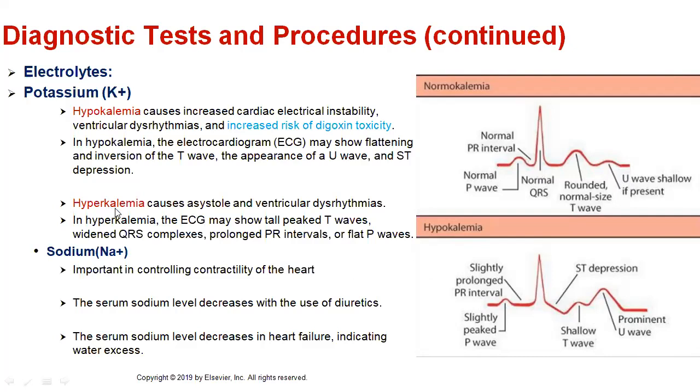In case of hyperkalemia, if the patient has renal failure or is on potassium-sparing diuretics, or has high potassium intake, or excessive use of salt substitute like potassium, or potassium shift in the burn patient, usually the patient develops hyperkalemia, right?